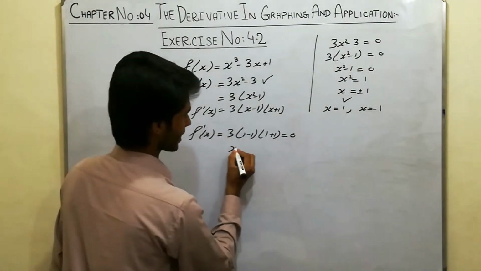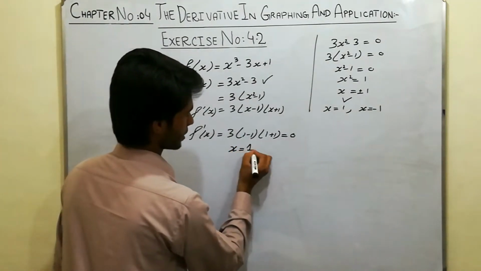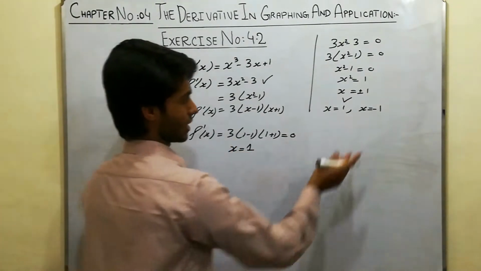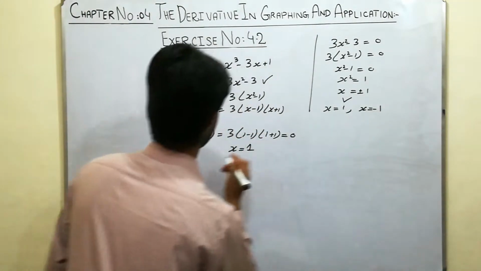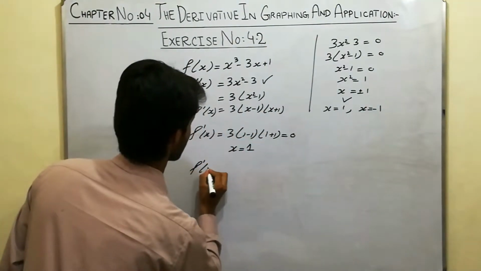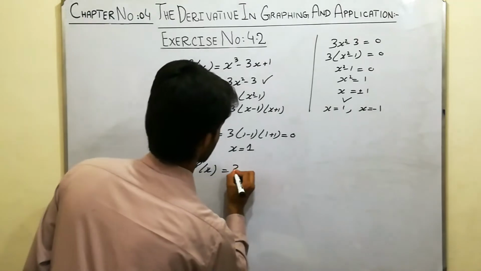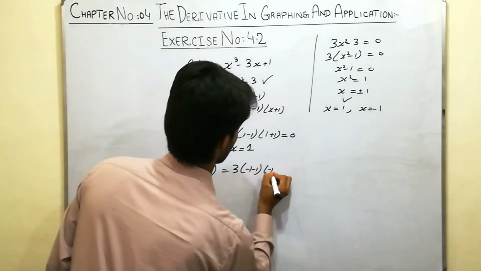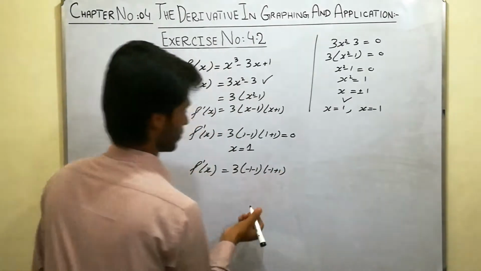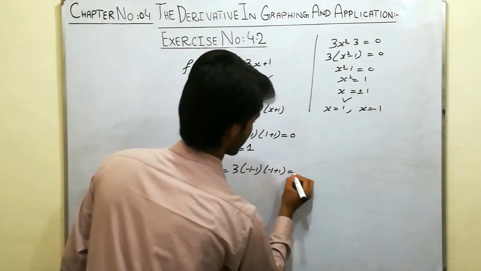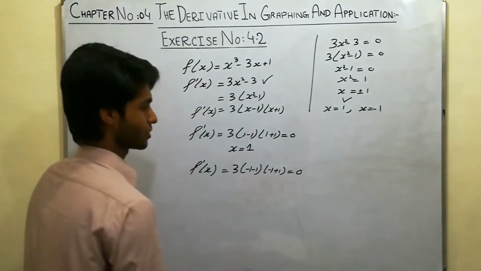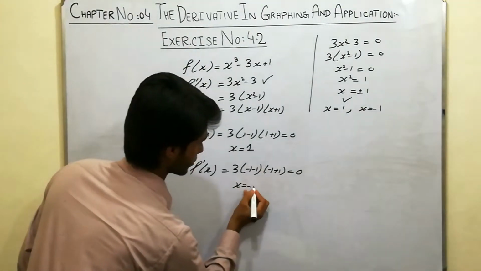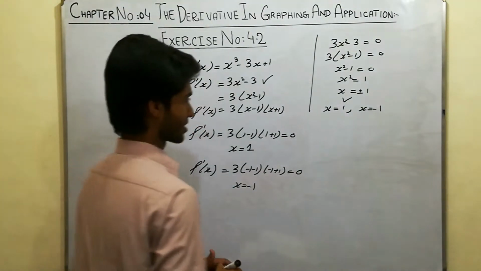It means that x is equal to 1 is our stationary point. And check x is equal to minus 1. If we put x is equal to minus 1 in the first derivative, this is also f derivative x is equal to 0. It means that x is equal to minus 1 is also our stationary point.